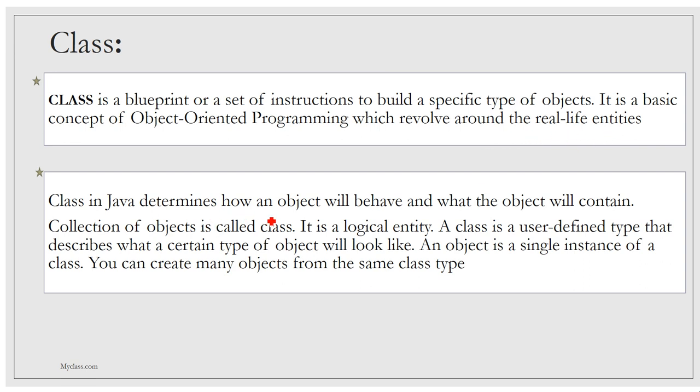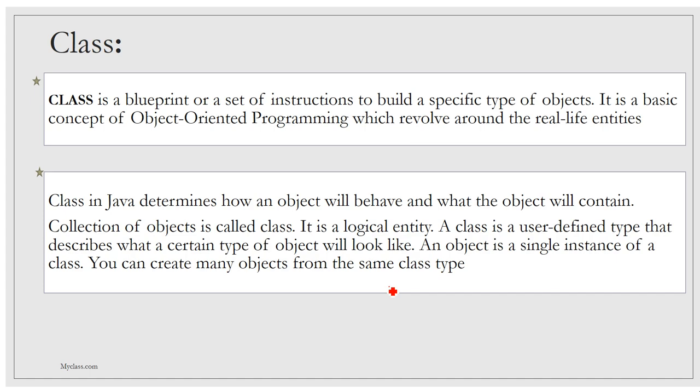A class in Java determines how an object will behave and what the object will contain. What an object will contain is already defined in a class, so on that basis we can create more objects of the same class. A collection of objects is called a class. It is a logical entity, but the object is a physical entity. It needs memory space for storing its details of information.